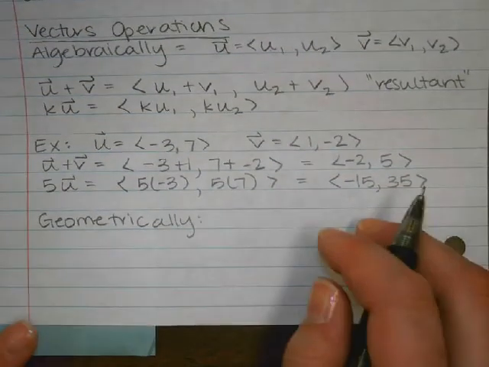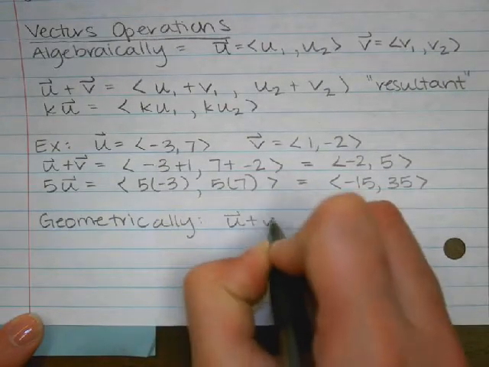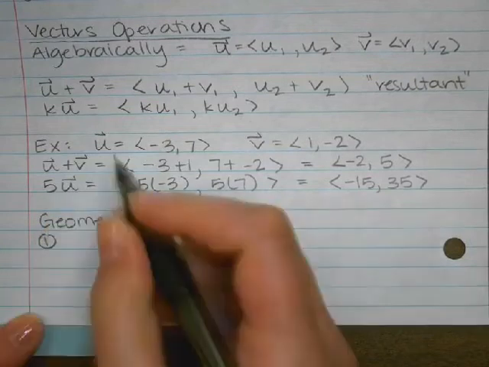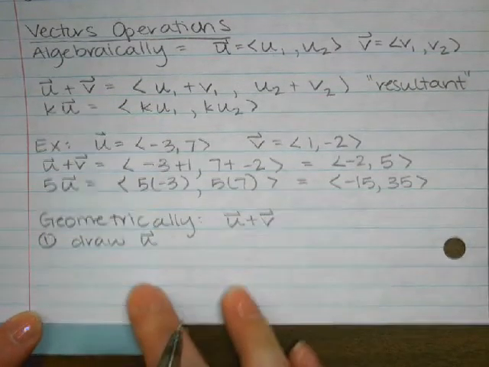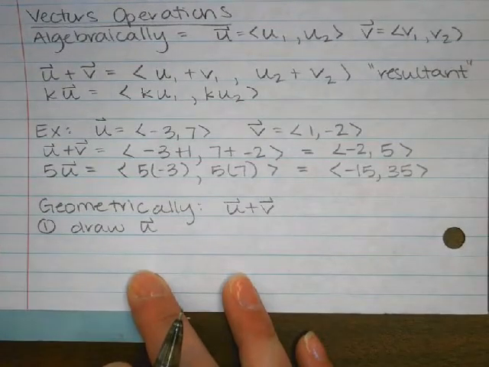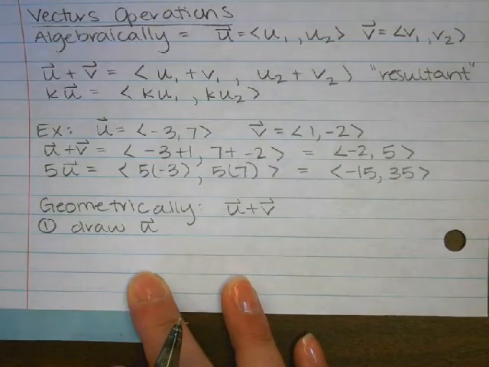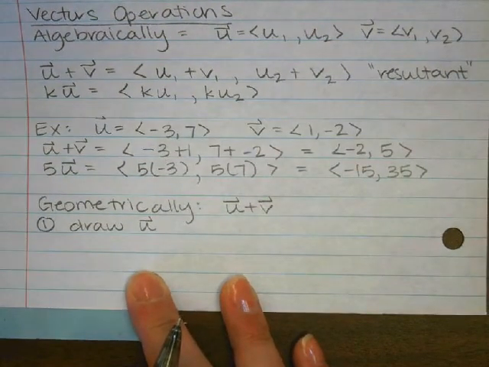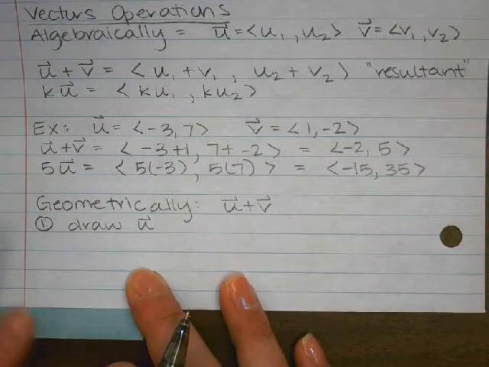Okay, so if we were completing the problem vector u plus vector v, the first thing we would do is draw vector u. You can do this on a coordinate axis, but you don't have to. You can just draw it on a white sheet of paper as well, just making sure that you're being consistent with that idea of like, it goes left 4 and up 3 or something like that.